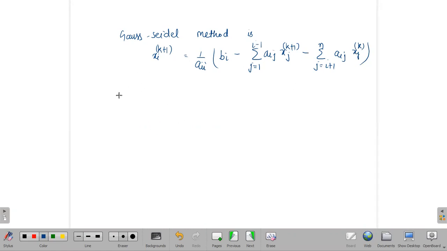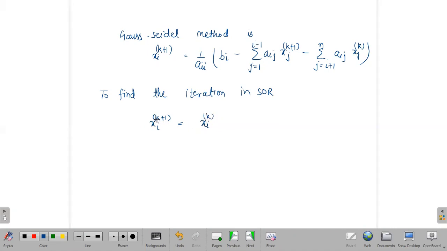Now we will find the iterations in SOR. So what we do, x_i^(k+1): we take x_i^k, which is the previous iteration.